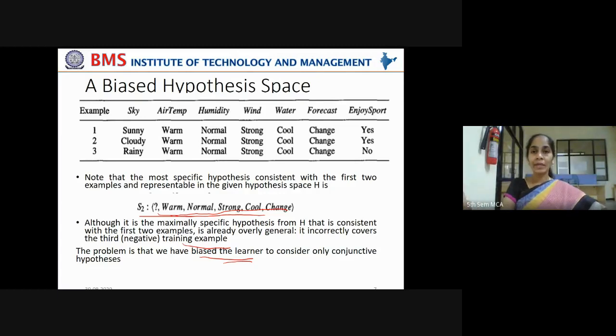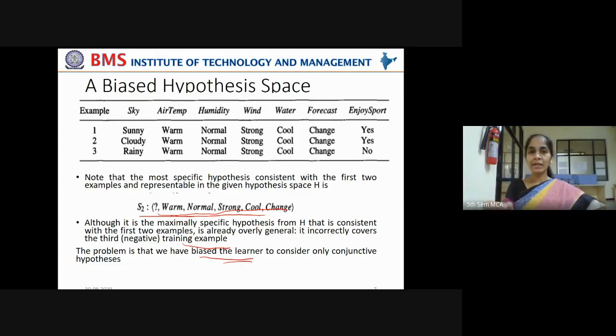The problem is we have biased the learner, means we have told the learner, that is the machine, learn only for an AND combination of the attributes, conjunctive combination of the attributes. Do not learn anything about disjunctive combination of the attributes, right?